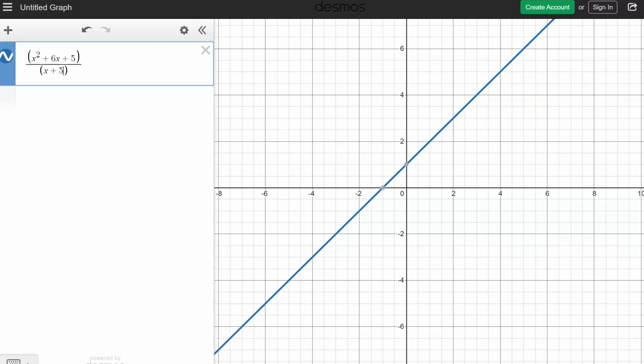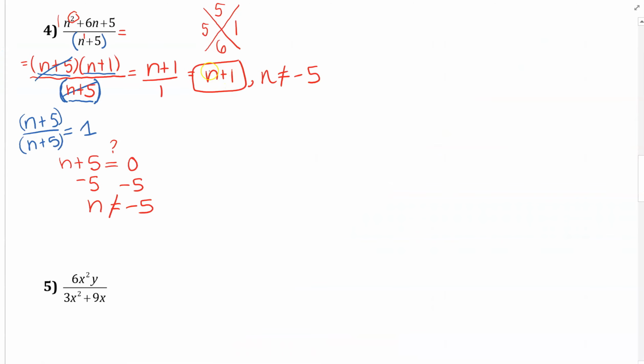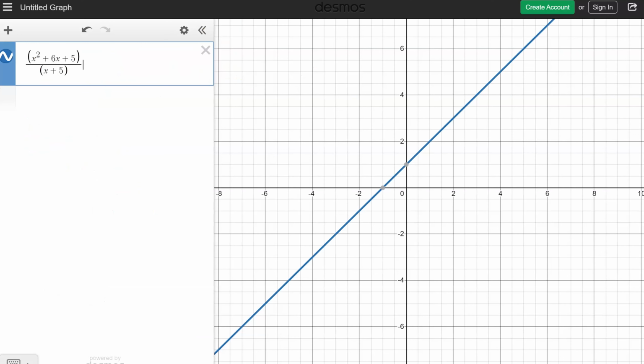The result is a linear function, which makes sense because this is n + 1, n to the first plus 1. So it's a linear function with a slope of 1 and a y-intercept of 1. When we look at the graph, that's what we're looking at: a y-intercept of 1, and then it goes up 1 and over 1 from there to get to the other points. So that's what these y values are that you're looking at.